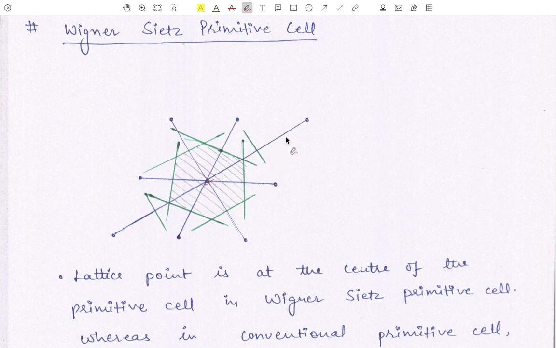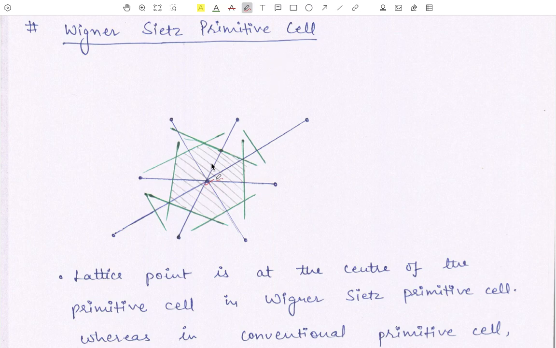Here the blue lines represent the lines joining the lattice points. Now draw the perpendicular bisector of each line. Here the perpendicular bisectors are denoted with the green lines. Now we will get a region between these green perpendicular bisector lines, and this shaded region is called the Wigner-Seitz primitive cell.